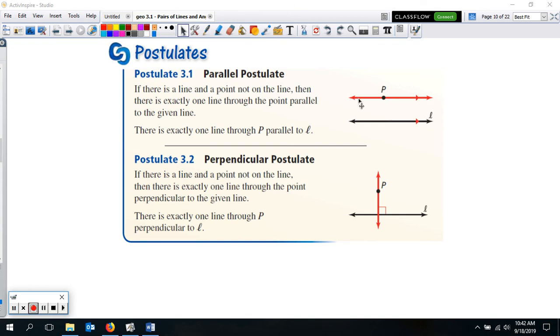So there's only 1 line that would go through this point that would also be parallel to that line. Another way you can say it: there's exactly 1 line through P parallel to L.